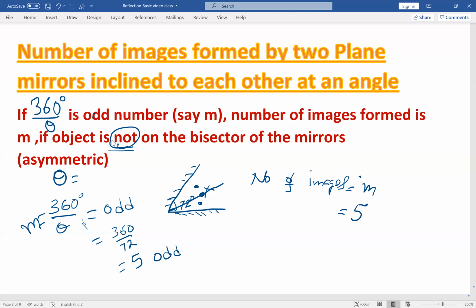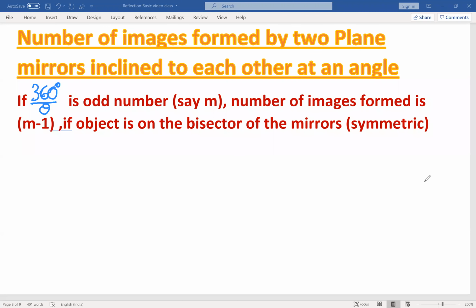If it is not on the bisector, then whatever you got for 360 by theta is the number of images. Then we'll see the next case, whenever the object is on the bisector of the mirrors.